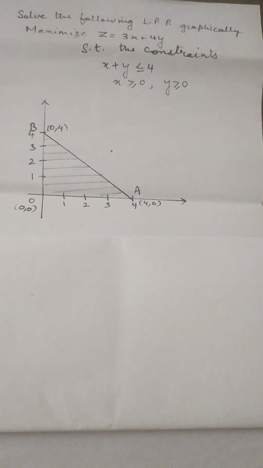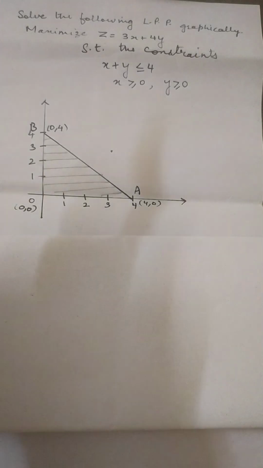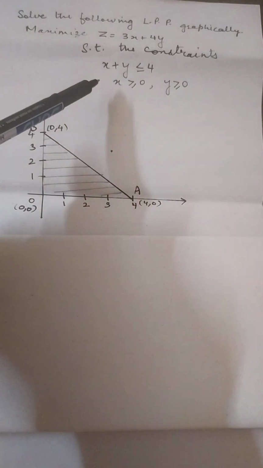Now optimization problem we define as a problem that seeks to maximize or minimize a linear function subject to certain constraints, right? So next term we have to deal with the feasible region. Feasible region is the common region which is determined by all the constraints including the non-negative constraint, for example here x and y.